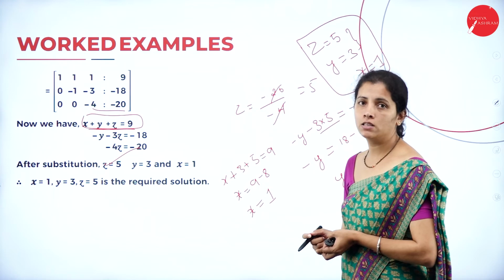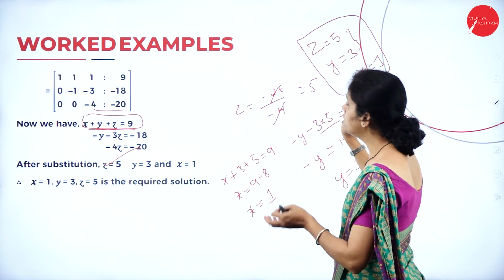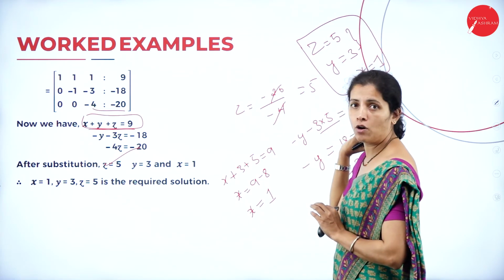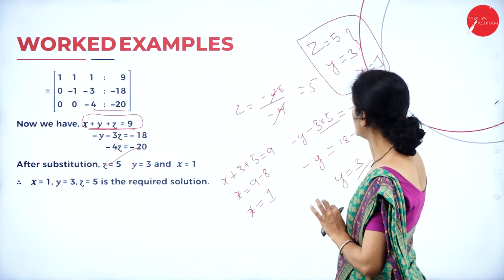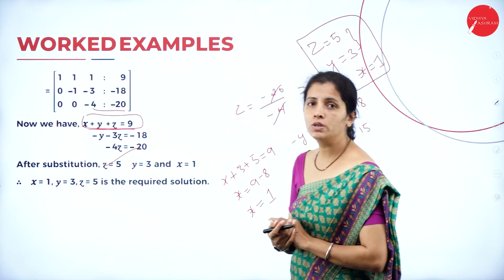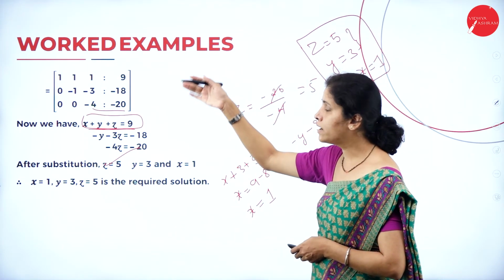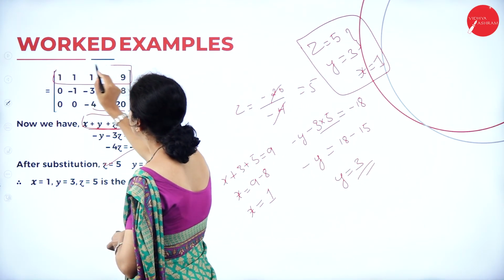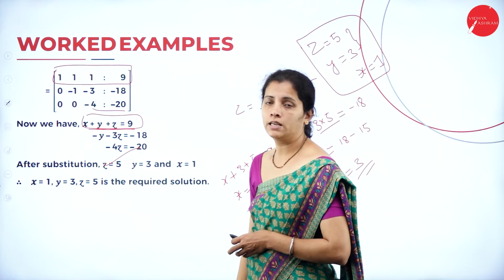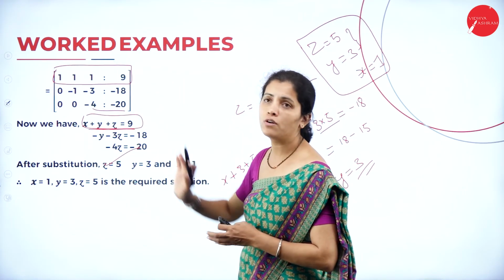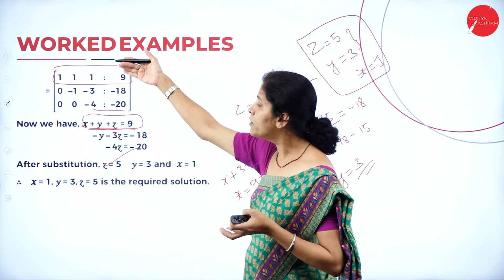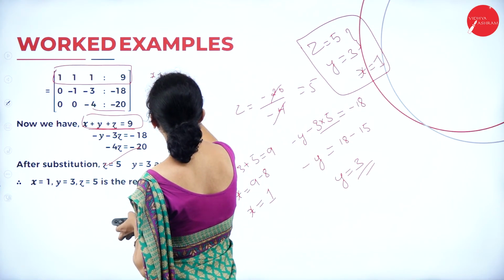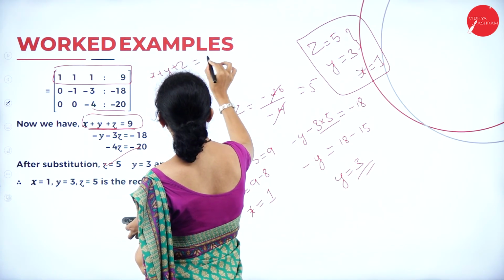Now, I just want to cross verify whether the x, y and z values I got are correct or not. So, I'm going to substitute these values in any one of the equations. If I consider the first row, this row remains as it is. That means I'm not going to change the values of row 1. So, this is one of my equations. I have x plus y plus z equals 9.